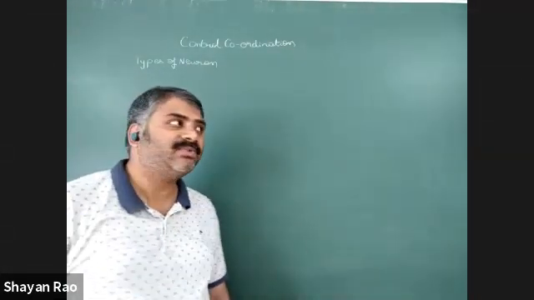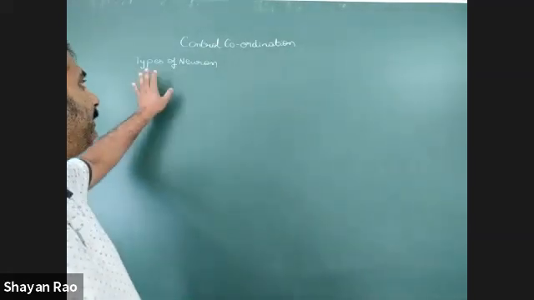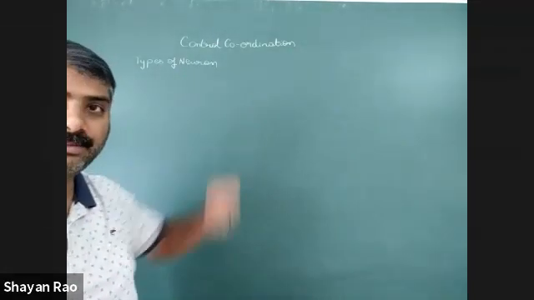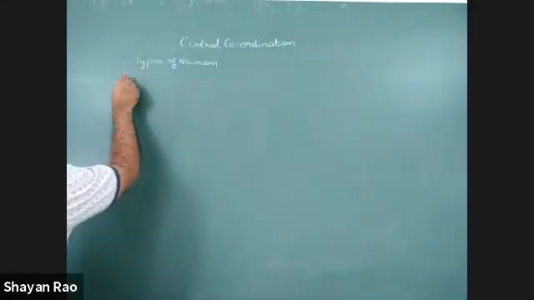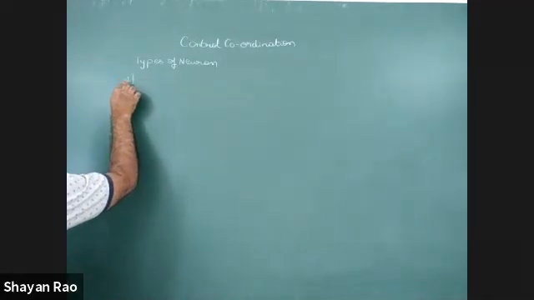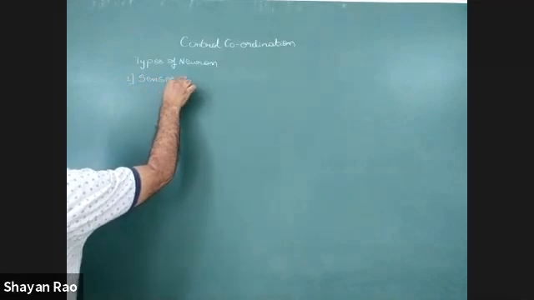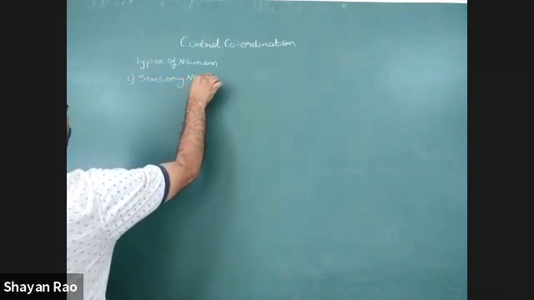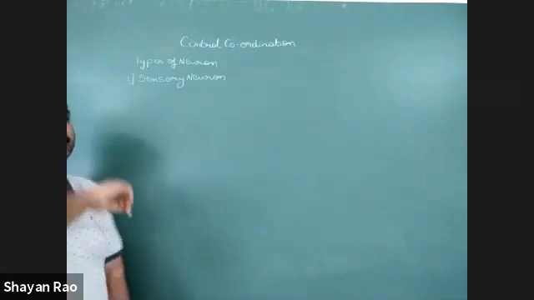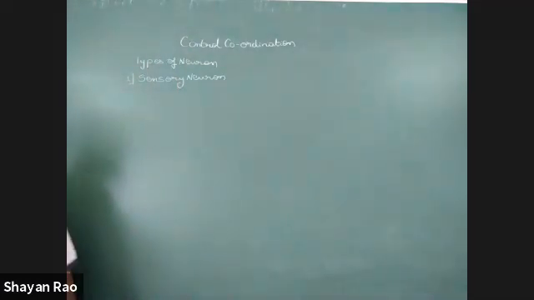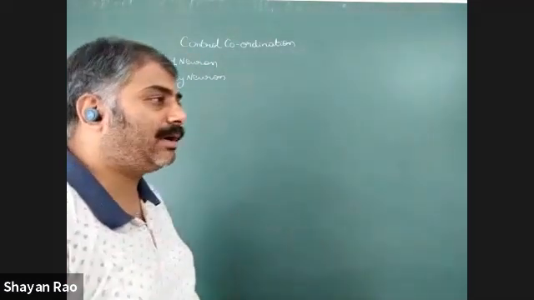Based on its function itself, we have classified the types of neurons into 3 types. So the very first one is considered to be the sensory neuron. We call that the sensory neuron. So what is the sensory neuron?